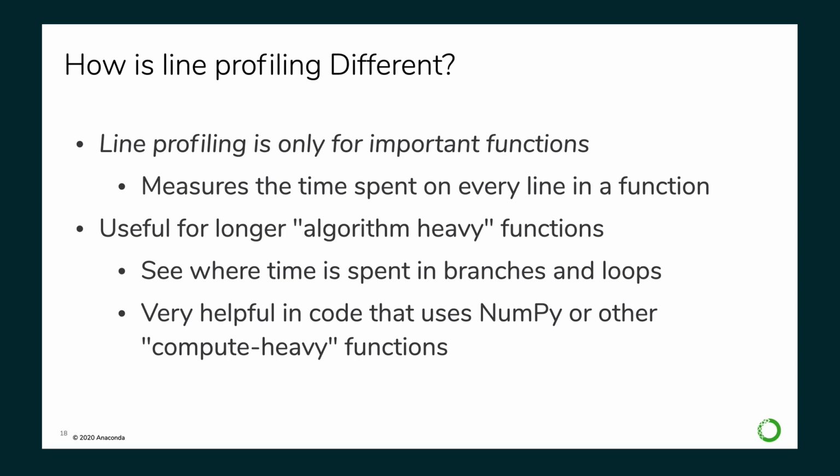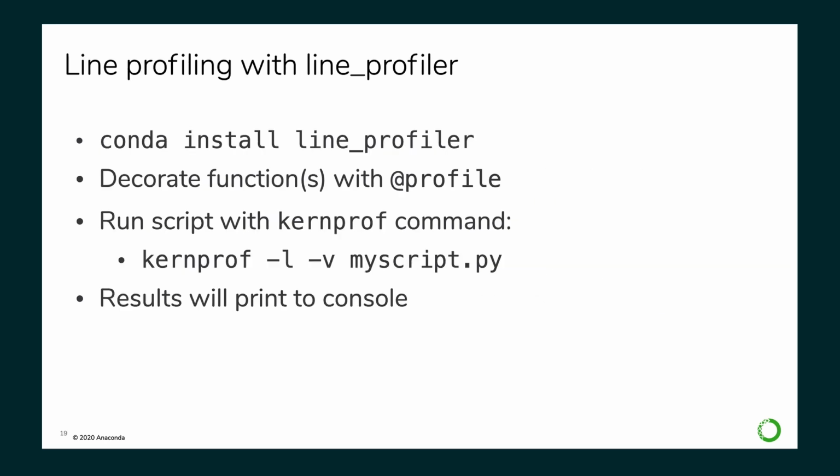It's very hard when you're just looking at code to look at a NumPy function and guess how long it's going to take, because that function might work on arrays of different dimensions. It might have some kind of more iterative algorithm, or it might be very simple. So NumPy is very good at making your code readable, but it doesn't give you any visual clues about how long things take. So line profiling a piece of code that uses NumPy a lot is hugely helpful.